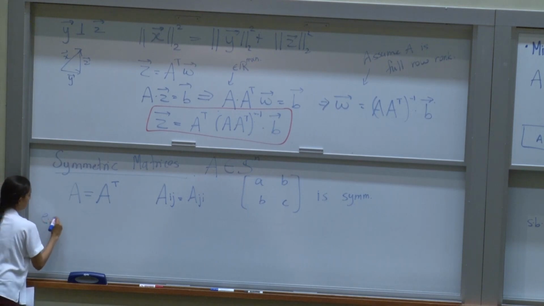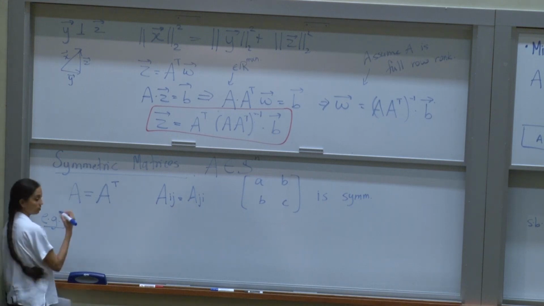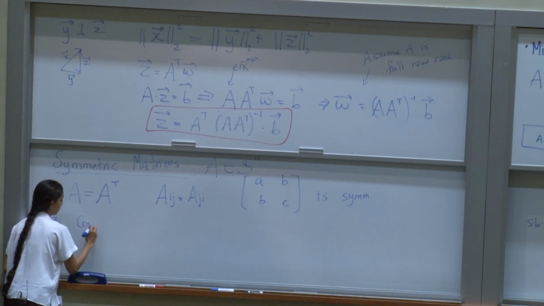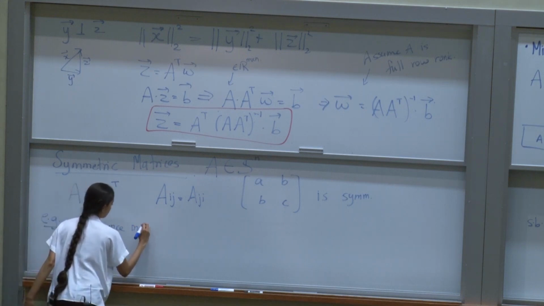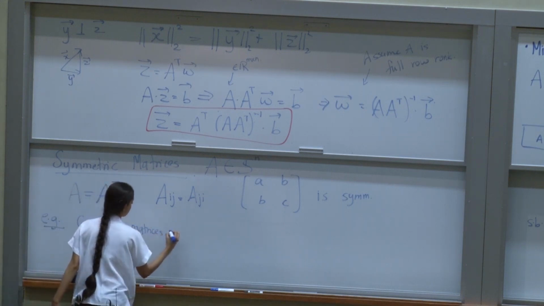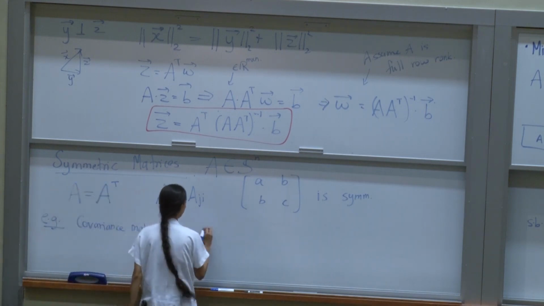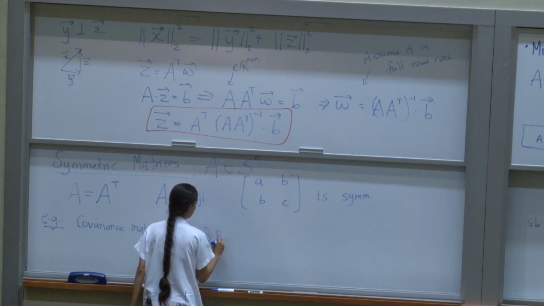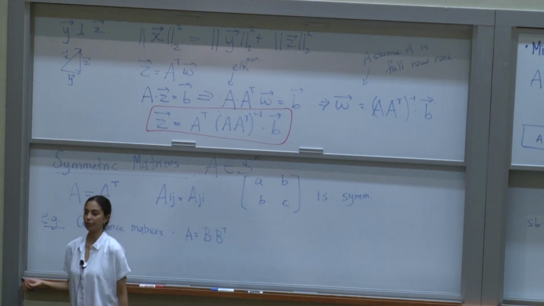What's an example? This will come up in the next lecture when we're talking about principal components analysis, but covariance matrices are symmetric. Actually, any matrix that is of the form B B transpose is going to be a symmetric matrix, right?